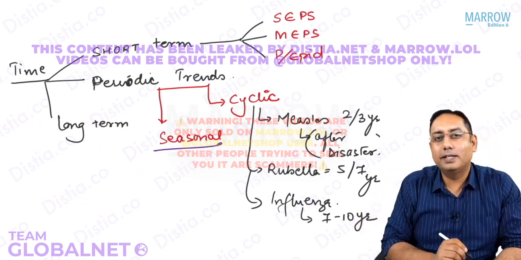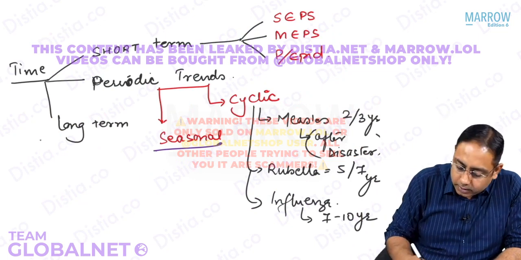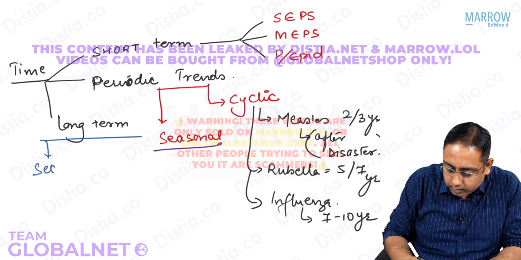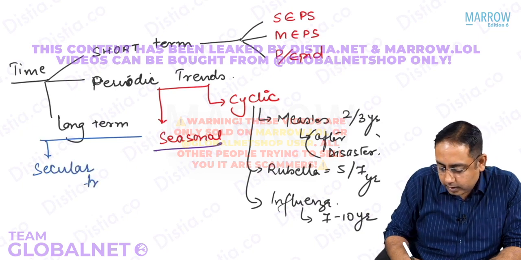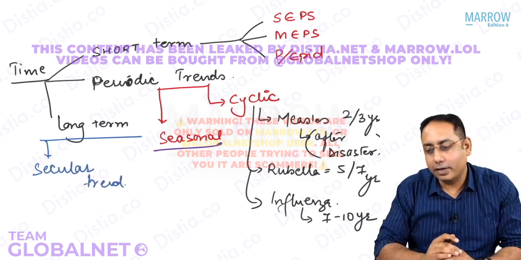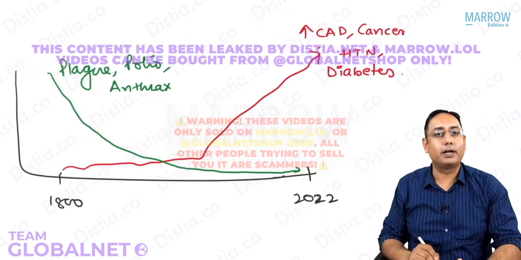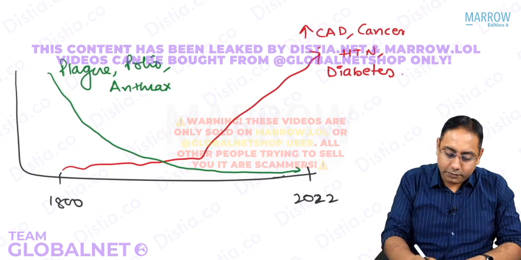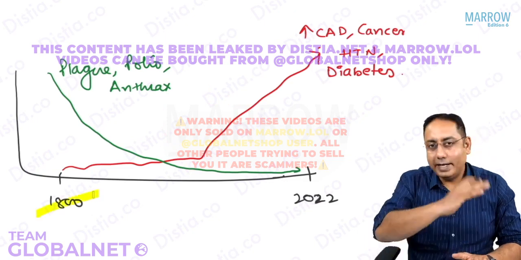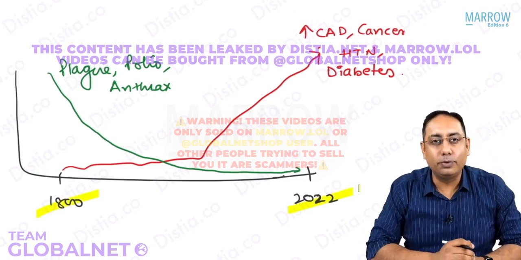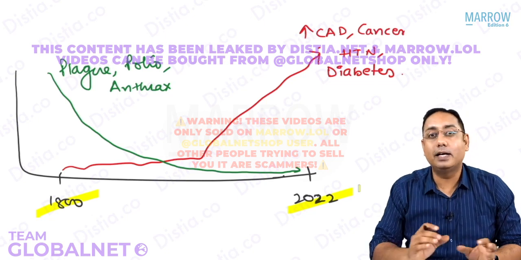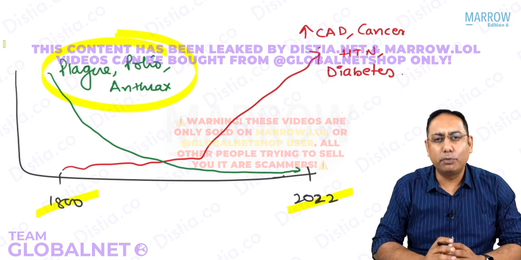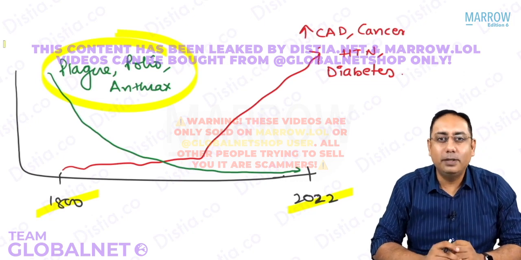So what do you mean by the long-term trends? Beta, for long-term trends, the MCQ is only one or two. Long-term trends are called secular trends. Just hear the language that we use. In medical terminology, if you talk about the 1800s to the year 2022, we have seen a secular decline in plague cases, polio cases, anthrax cases, diphtheria cases.